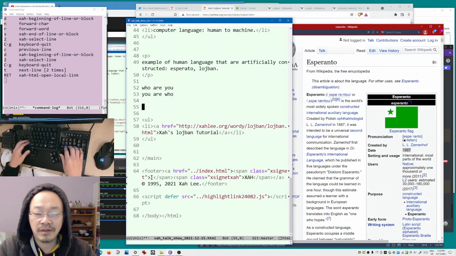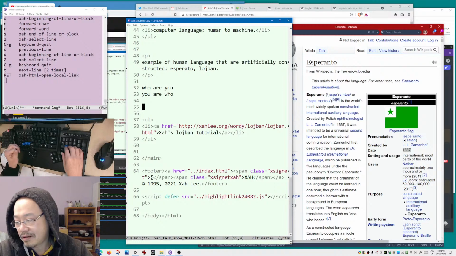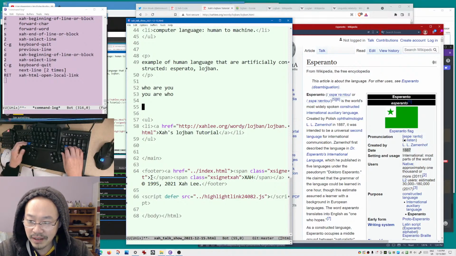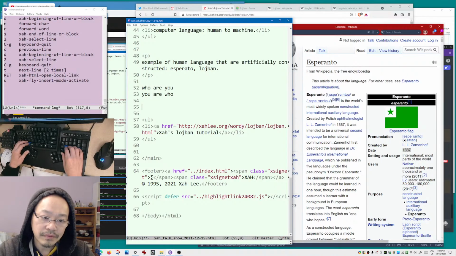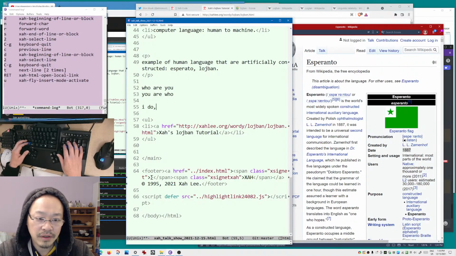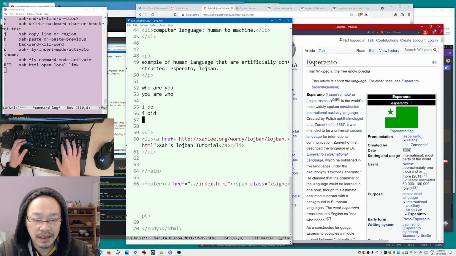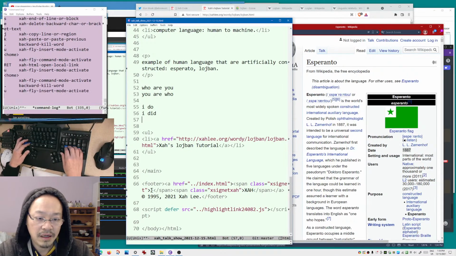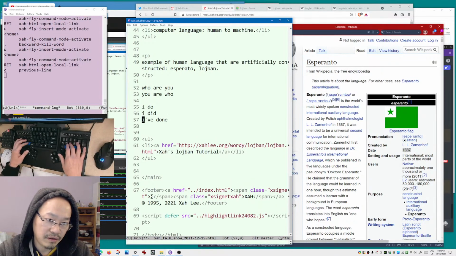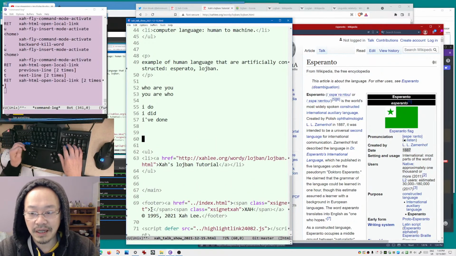Okay, that's not a good example for us. But anyway, there's lots of examples. For example, past tense, present tense, I do. Okay, so I do, I did, I've done, do, did, done. That's tense differences.